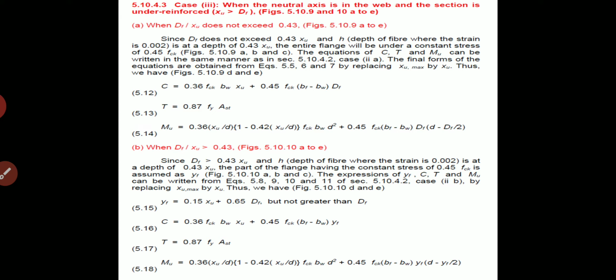Since the depth of flange does not exceed 0.43 Xu, and H, which is the depth of fiber where the strain is 0.002, is at a depth of 0.43 Xu, the entire flange will be under a constant stress of 0.45 fck.